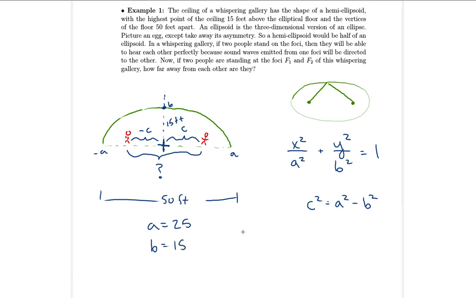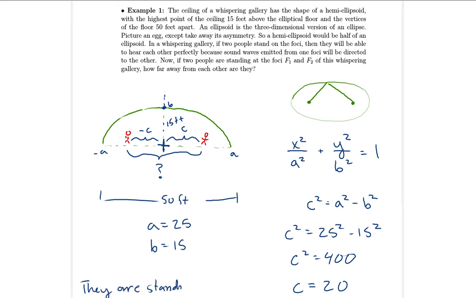If we know A and B, then we can figure out C. C squared is equal to 25 squared minus 15 squared, which means C squared is 400, so C is 20. If C is 20, then that's 20 here and 20 here. So that means they are standing 40 feet apart.